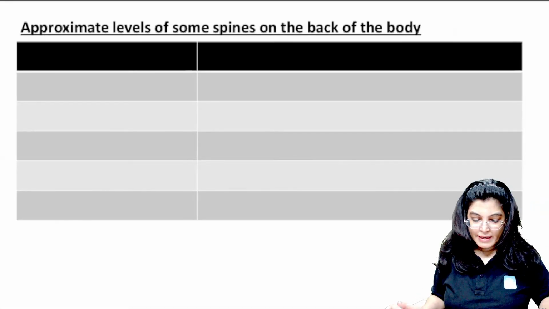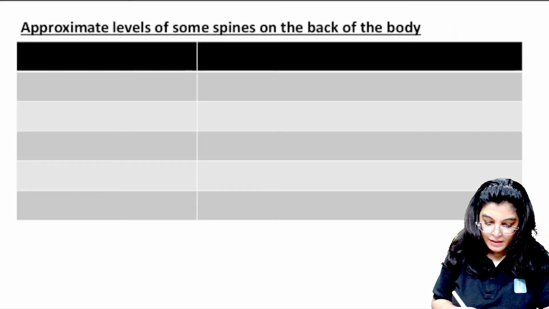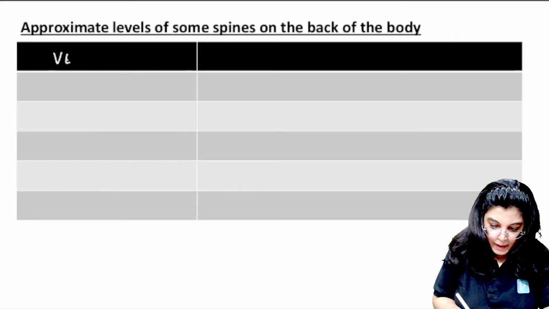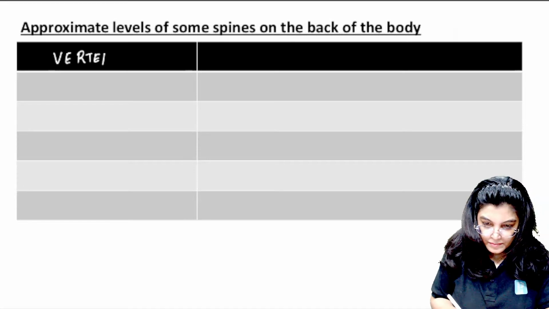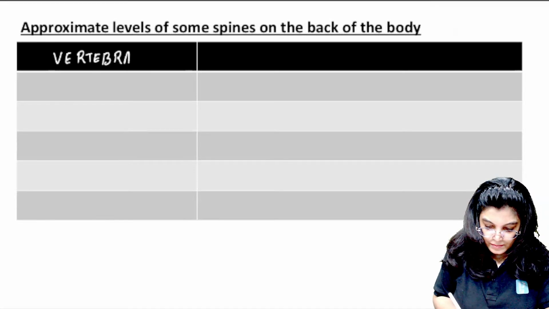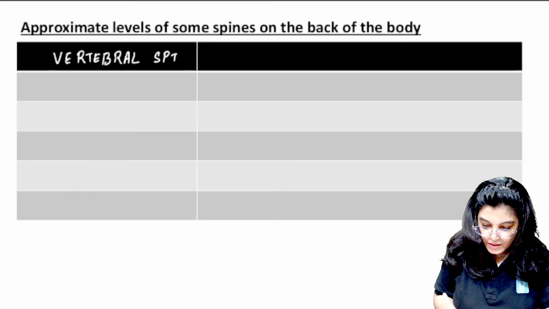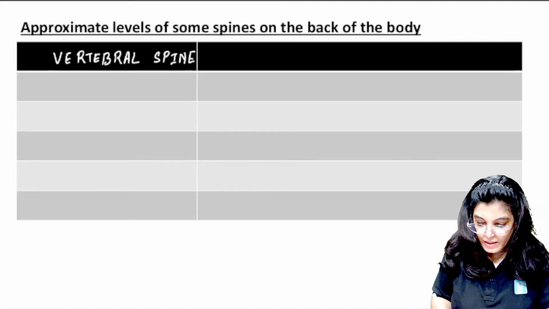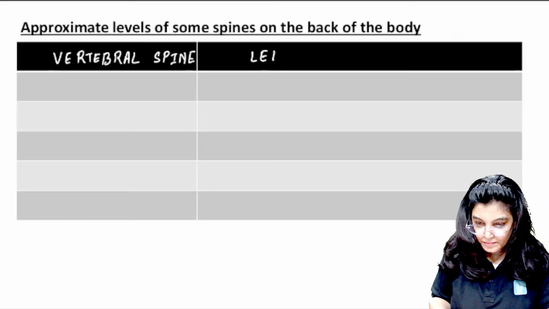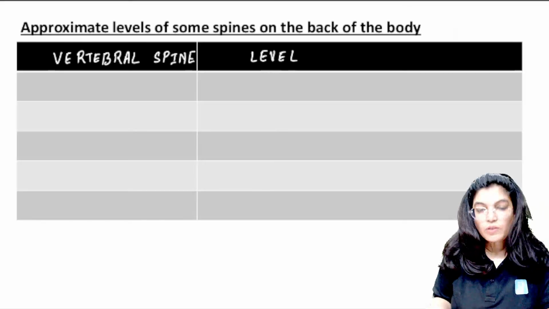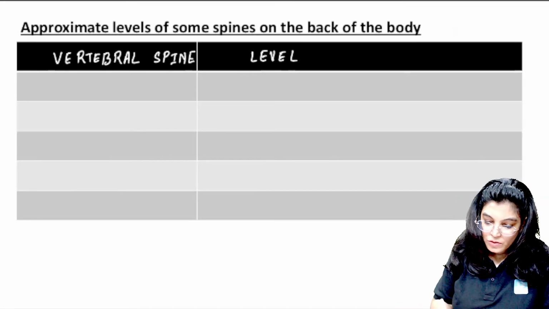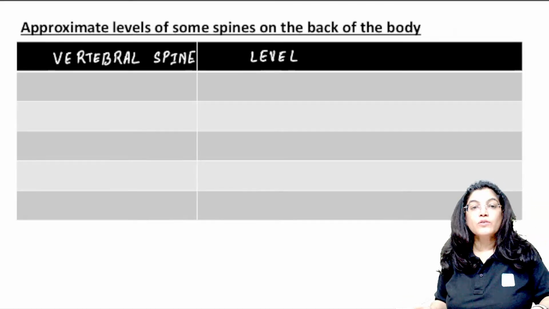Okay, so we should know the important vertebral spine levels. On one side you can write the vertebral spine and on the other side you can write the level. Is it okay? Now it's important to know which structure corresponds to which level.